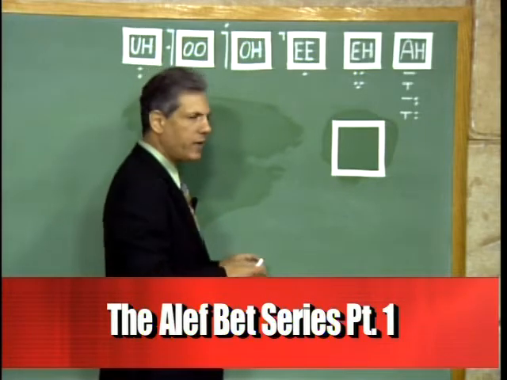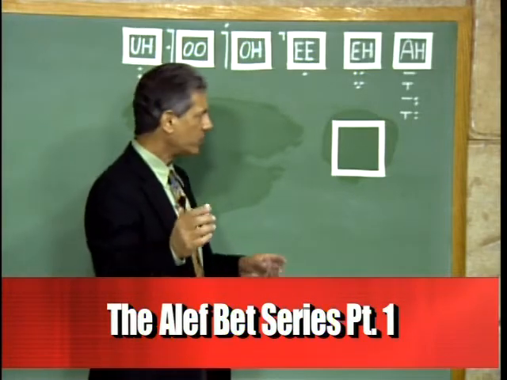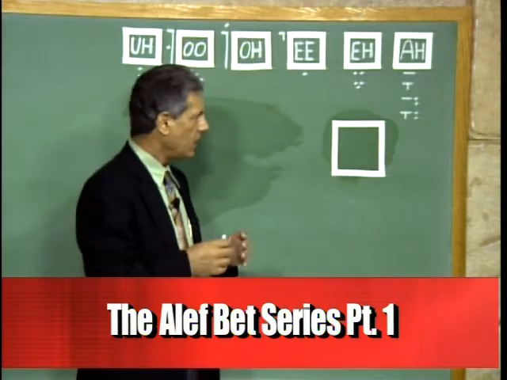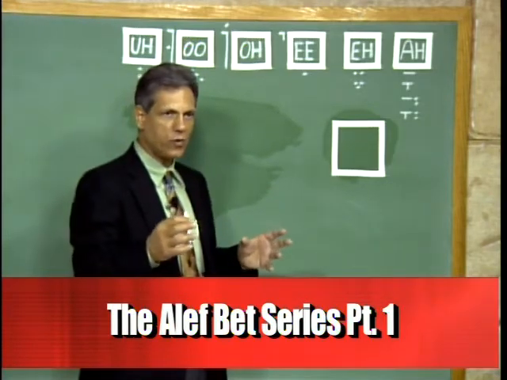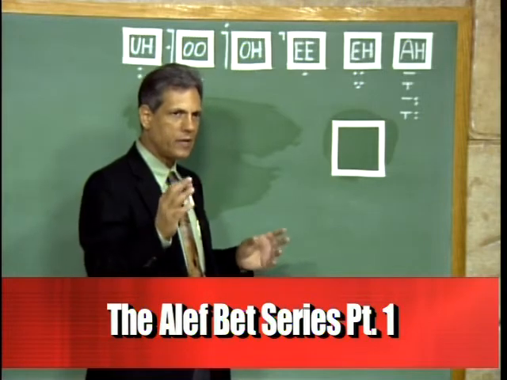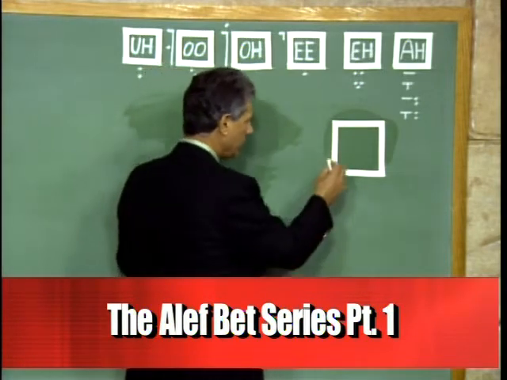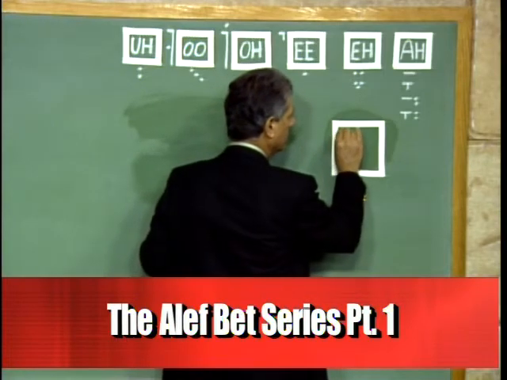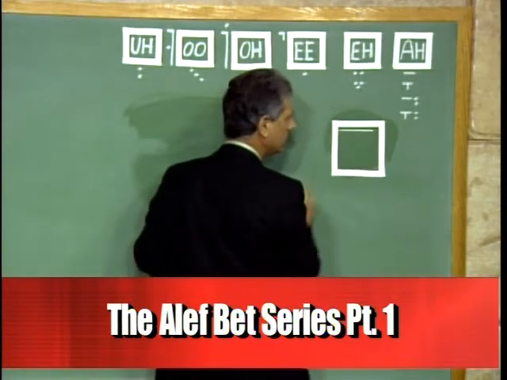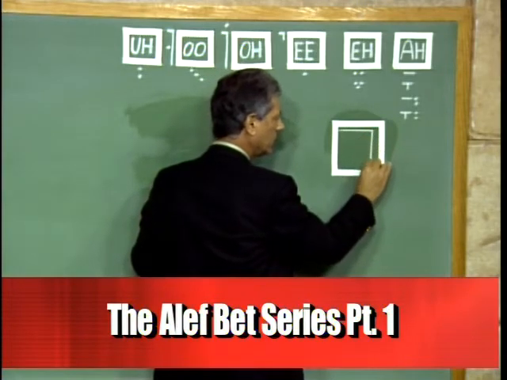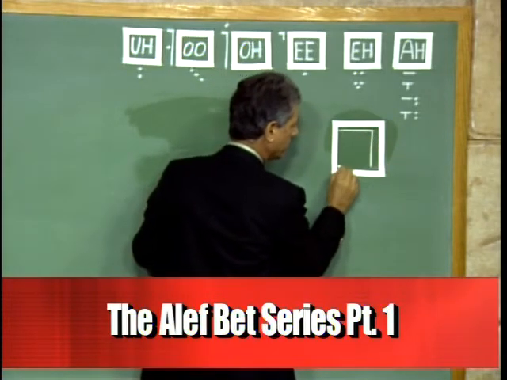So the letter Bet also is written from right to left, of course, in a string of letters. And it would be drawn like this. Remember the simple elements of the graphical form of the Hebrew letters. It goes front to back, like this, then down, then front to back again.